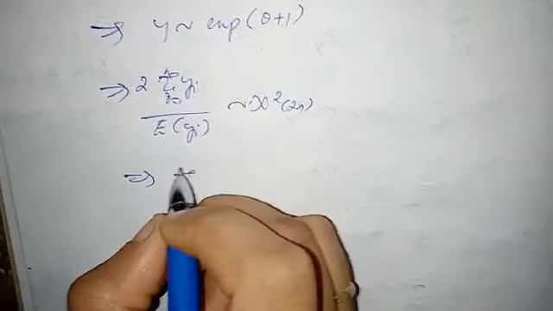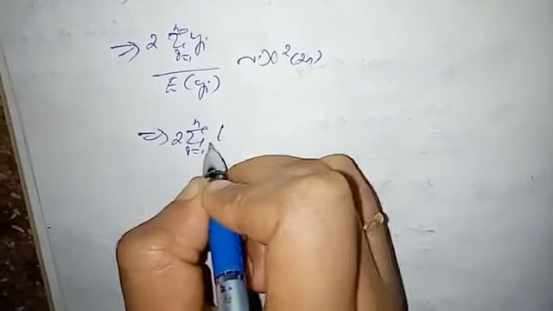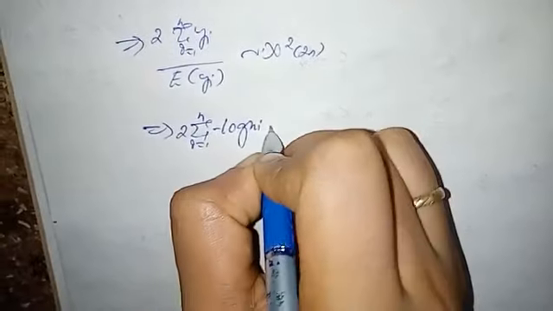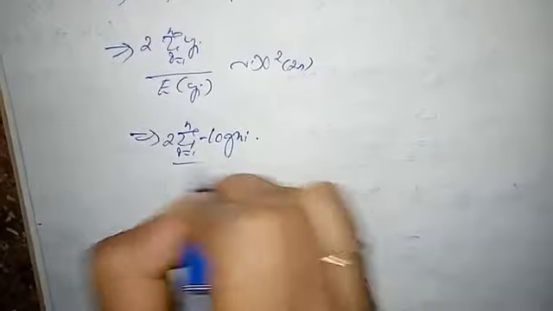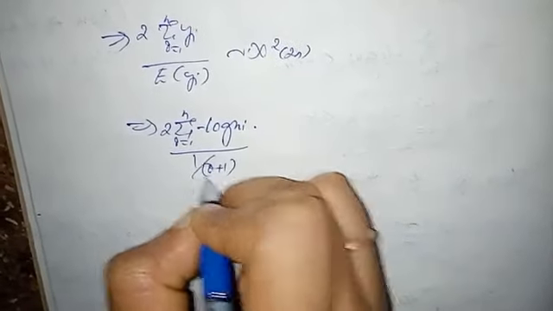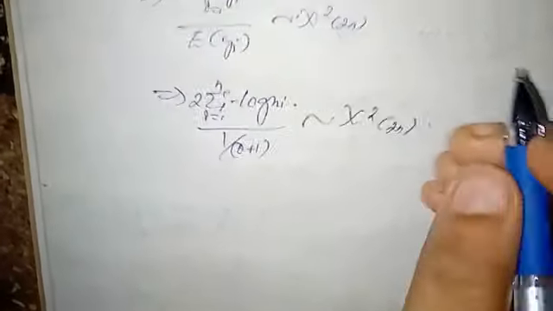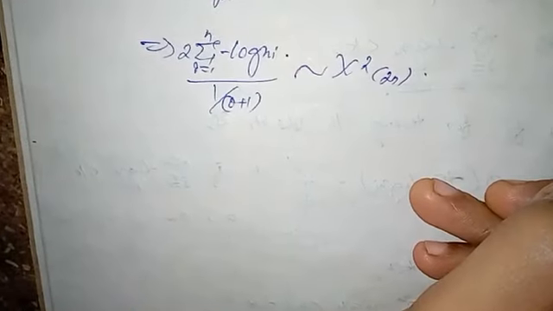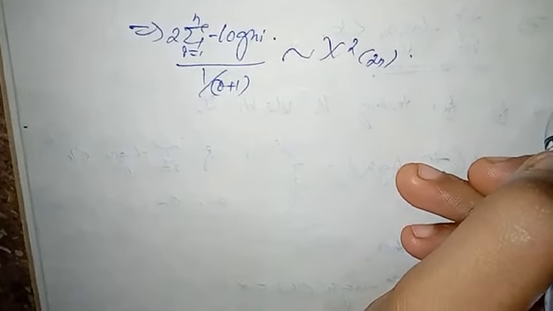That is, 2 times summation i = 1 to n of minus log xi, divided by 1/(θ + 1), follows chi-square with 2n degrees of freedom. Using this we have to find out the size of the test and the power of the test. That's your homework.